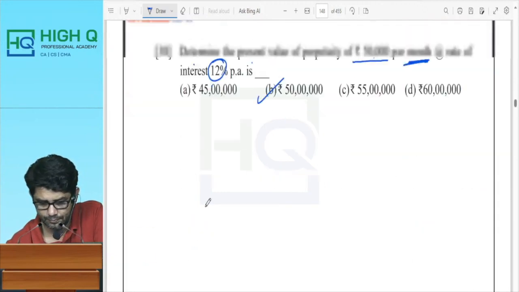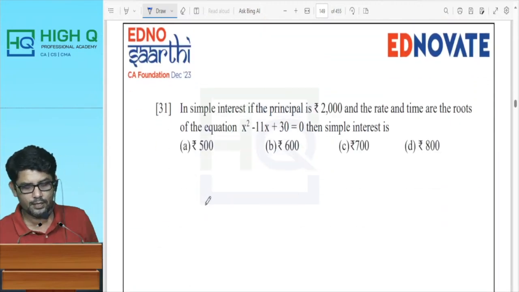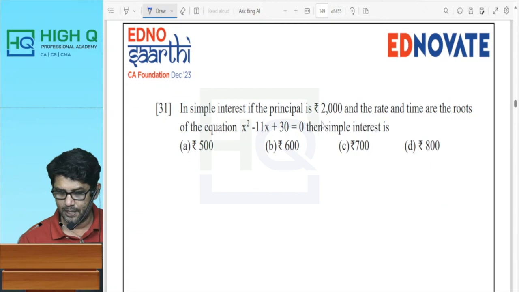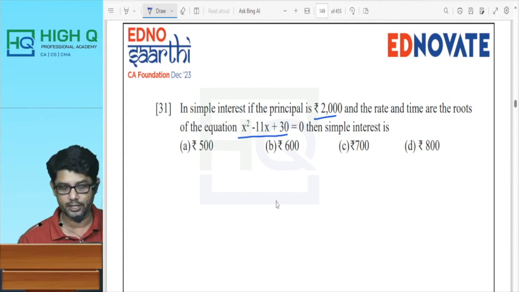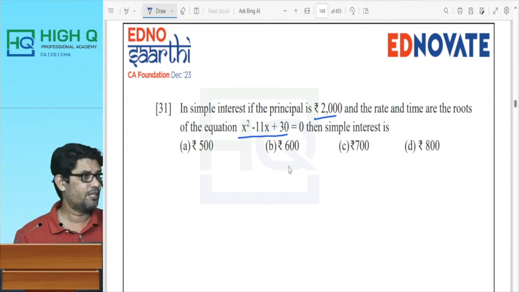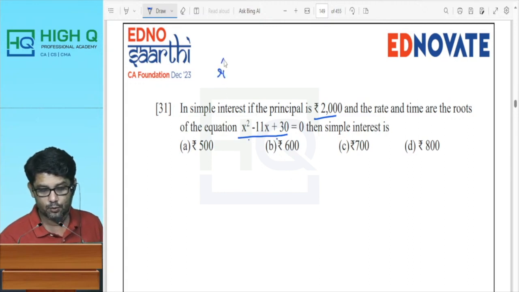Now, in simple interest, if the principal is 2000 rupees and the rate and time are the roots of the equation x square minus 11x plus 30 equal to 0, simple interest is, first you find out the value of x, quadratic equation x square minus 11x plus 30 equal to 0.